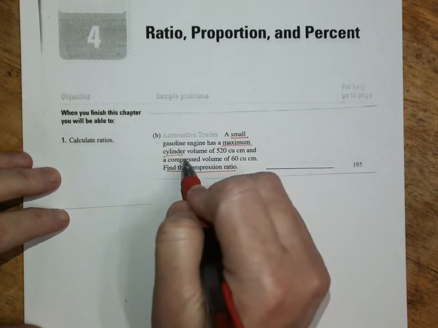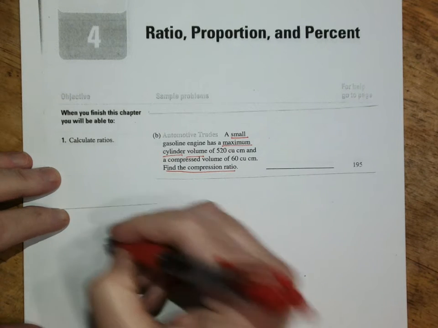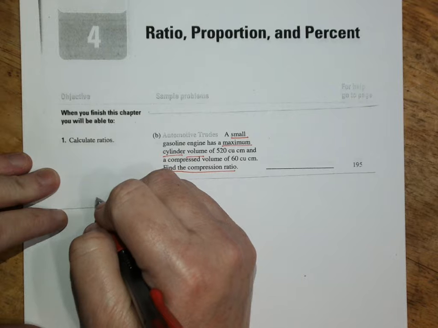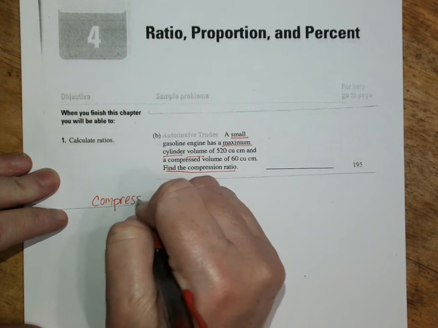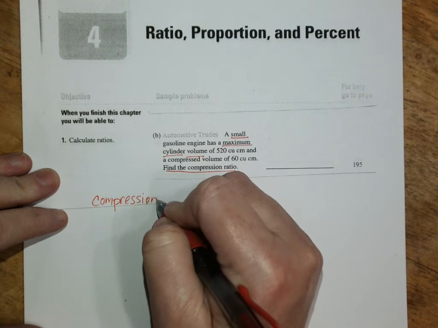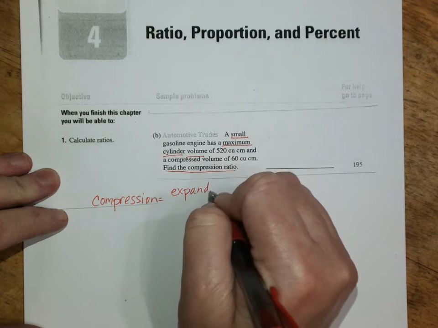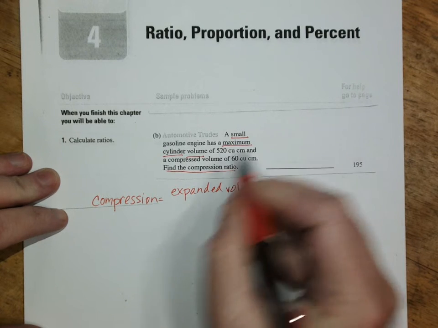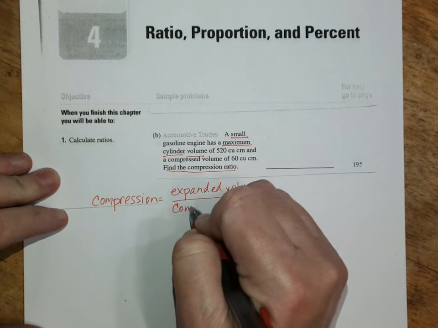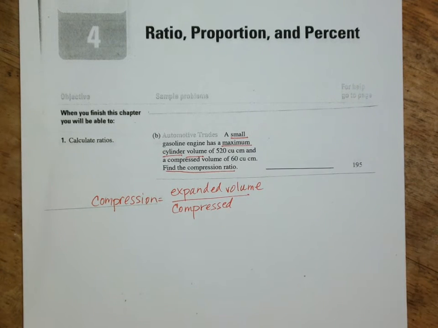Remember from what we just discussed that a compression ratio is defined as the expanded volume over the compressed volume. And when your book was talking about this expanded volume, it also referred to it as maximum expansion.